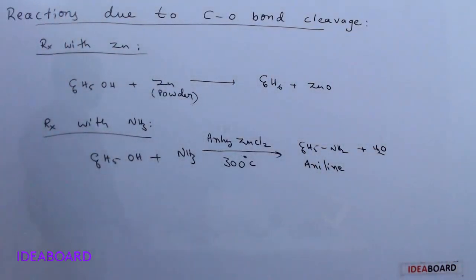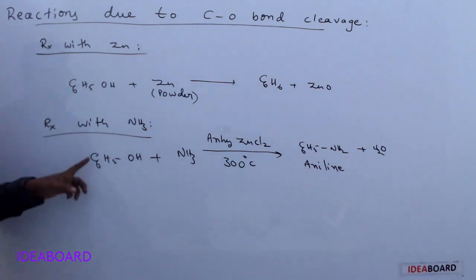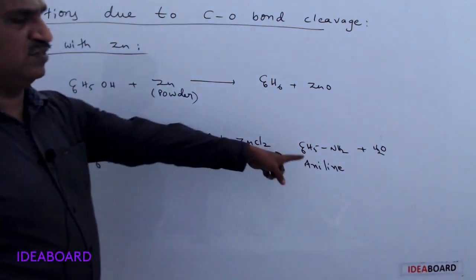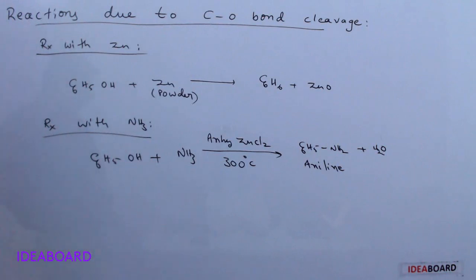So phenol on reaction with ammonia gives aniline or aminobenzene.